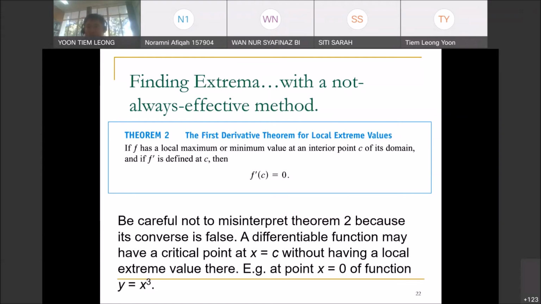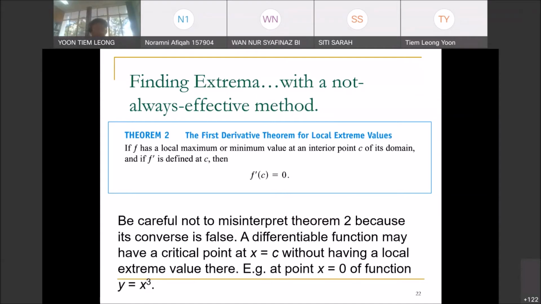It says if A, then B, right? A here means you know it is a local extremum, then B must be true. The B here refers to the statement that the derivative is 0, right? It doesn't mean if B is true, then A is true. It doesn't mean if the derivative is 0, then it must be a local extremum. No, okay?